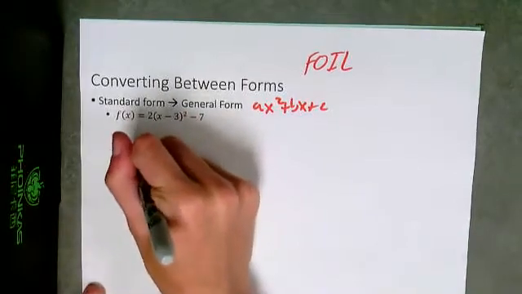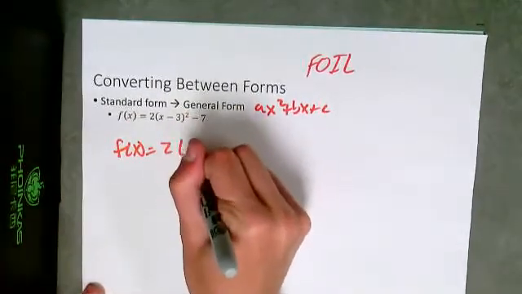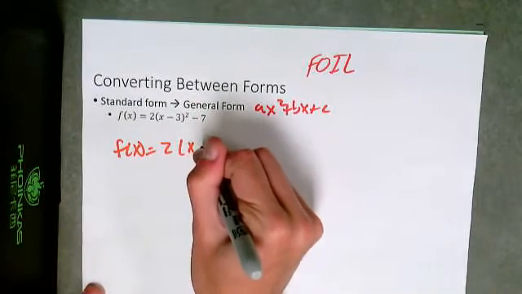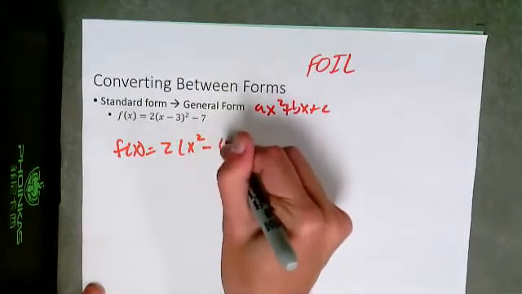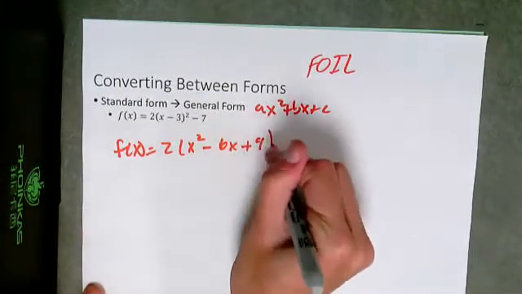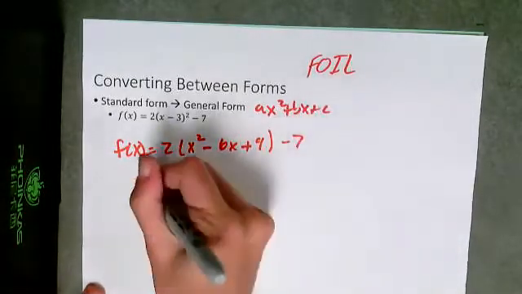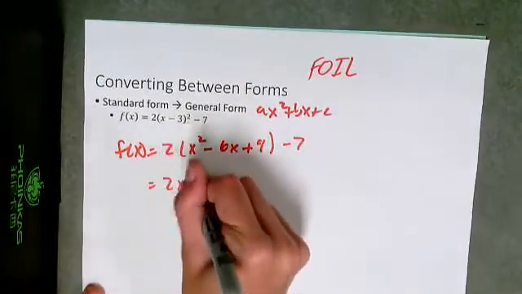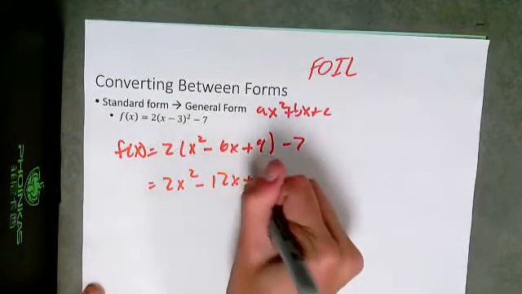So we have f of x is equal to 2 times (x squared minus 6x plus 9) minus 7, which is equal to 2x squared minus 12x plus 18.